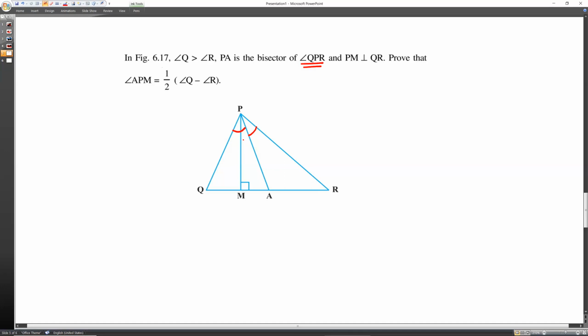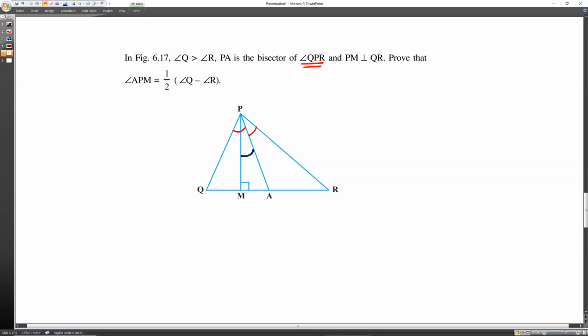You need to prove that angle APM, only this angle, this angle x, let this angle QPM is equal to half of angle Q minus R. So first of all, when you are moving towards a question, how will you proceed?